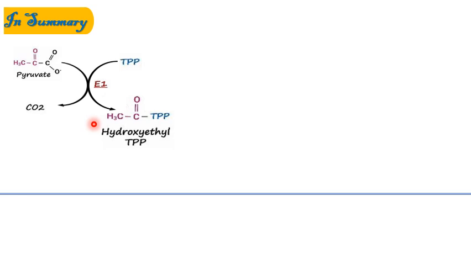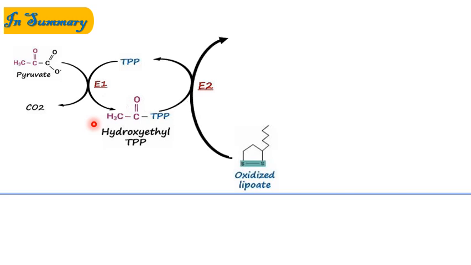Now, what happens next is that the hydroxyethyl TPP will be converted back to TPP. But how does it do that? It has to employ an oxidizing agent, which is the oxidized form of the lipoate. The enzyme that will help do this is E2.